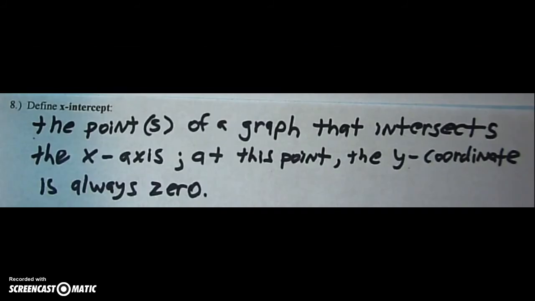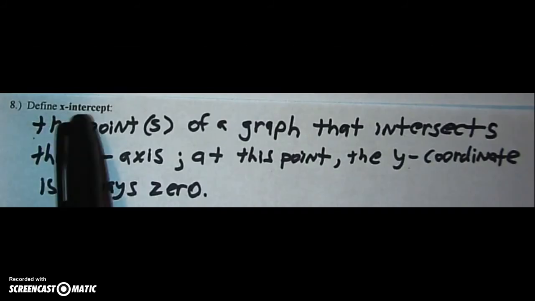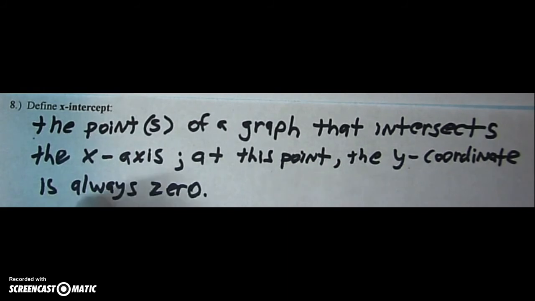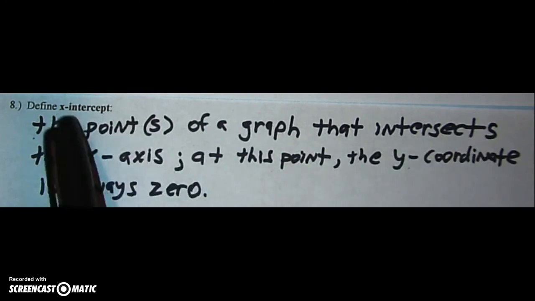The last question on here asks us to define x-intercept. And I know my handwriting is bad. This is why I've been using the PowerPoint, but for this one, we're going to do it by hand. So the point or points of a graph that intersects the x-axis. Remember, that's what an x-intercept does.